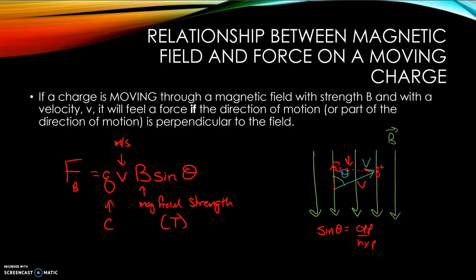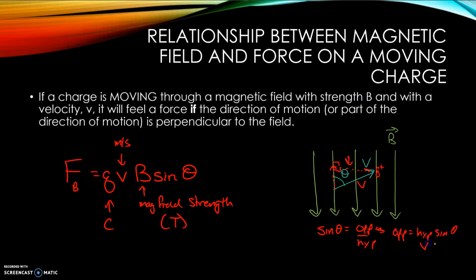This is a nice 90-degree angle here. So V is our hypotenuse, and the side opposite is the part of the velocity that's perpendicular to the field. So if we rearrange this a little bit, we get the side opposite is our hypotenuse times sine theta.